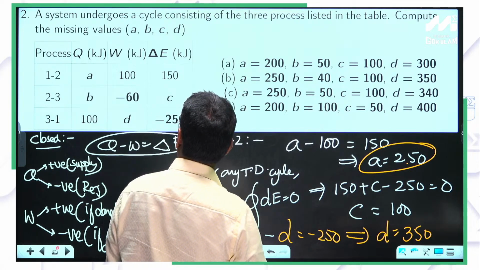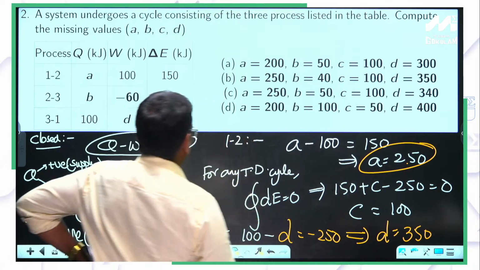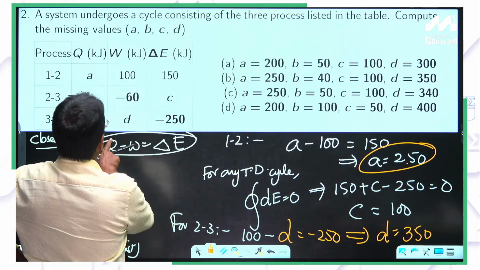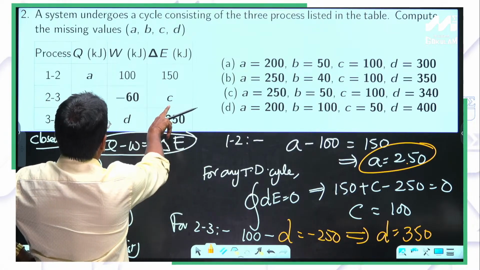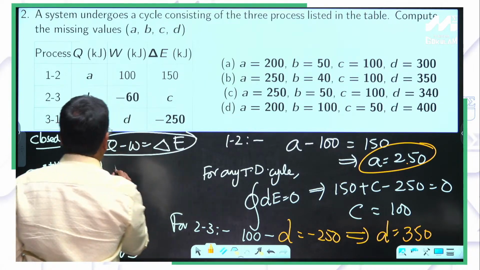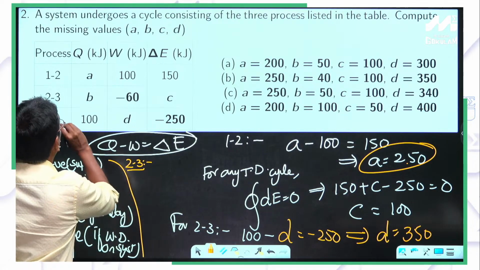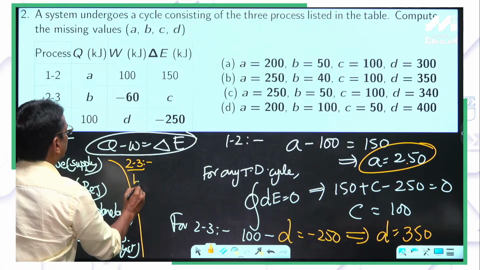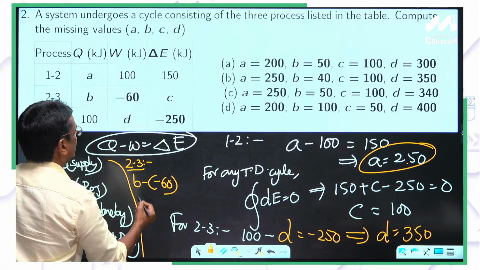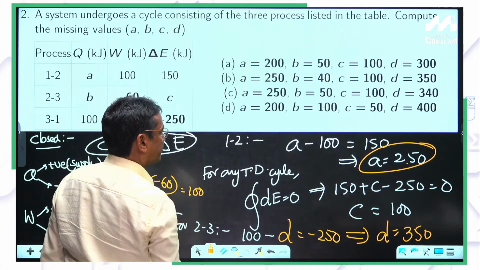For the 2 to 3, sorry, I have written it the wrong way, I think. 1 to 2 is A, we got it. For any thermodynamic cycle, from this we got the C. Now, if you write for the process 2 to 3, Q minus W, Q is B, minus W, minus of minus 60, is equal to delta E, that is C. C is 100, we got it, right?